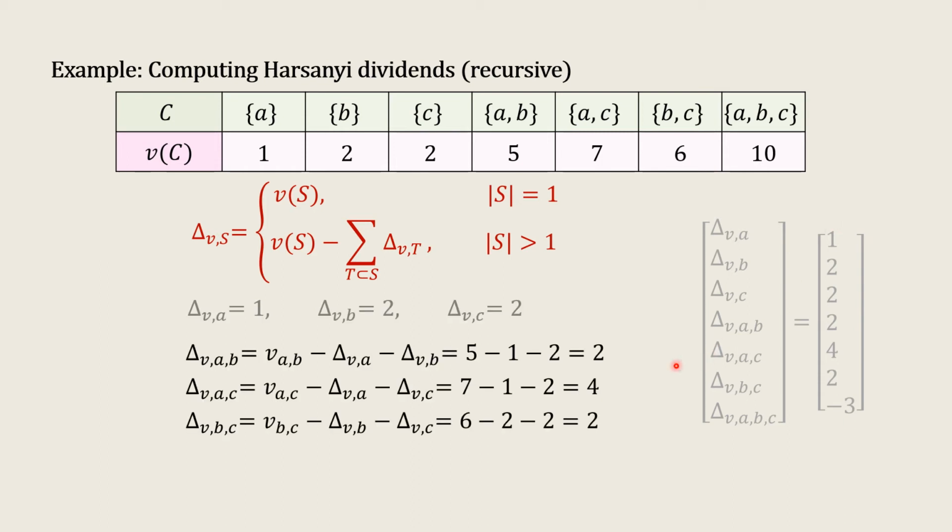And these can be verified from our earlier computation. Now let's proceed to S's of cardinality 2. So we'll have to apply this expression here. Let's consider S equals A comma B. So delta AB is equal to value of AB minus the summation over all proper subsets of S of delta T. What are the proper subsets of AB?